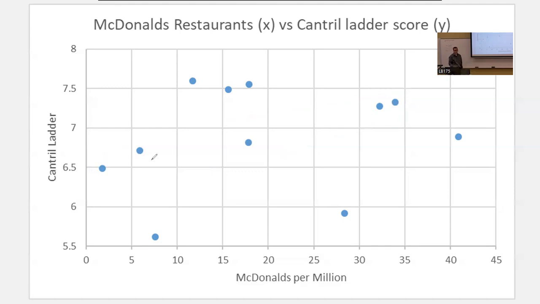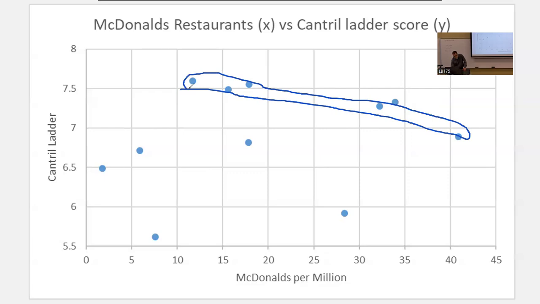On the other hand, if I were a very anti-McDonald's person and I wanted to make it seem like getting more McDonald's restaurants is going to make people less happy, well, there's a lot of other groups of data points I could have picked for that. I could have picked these data points here. Oops, I didn't circle that very well.